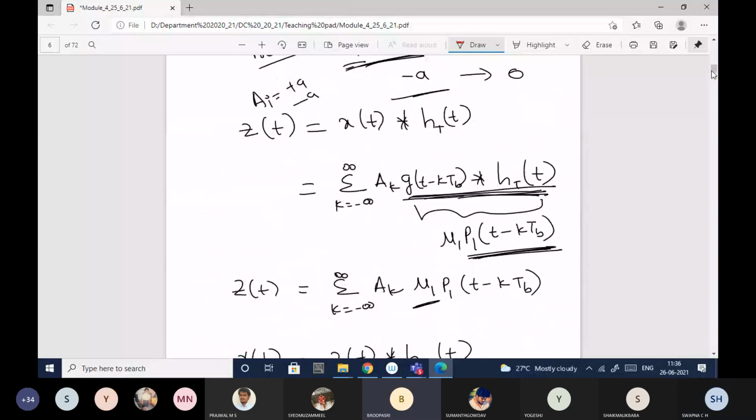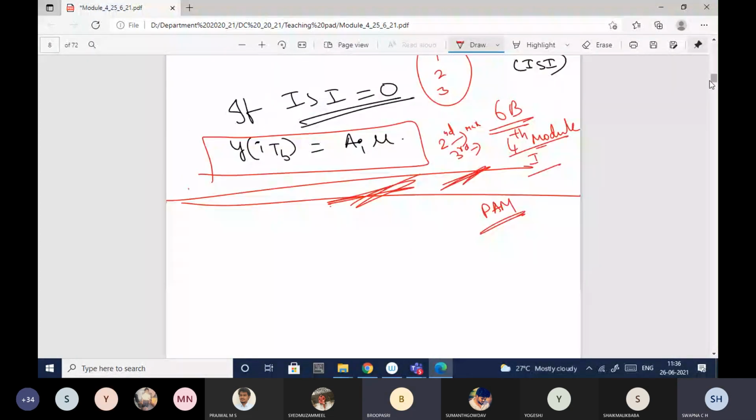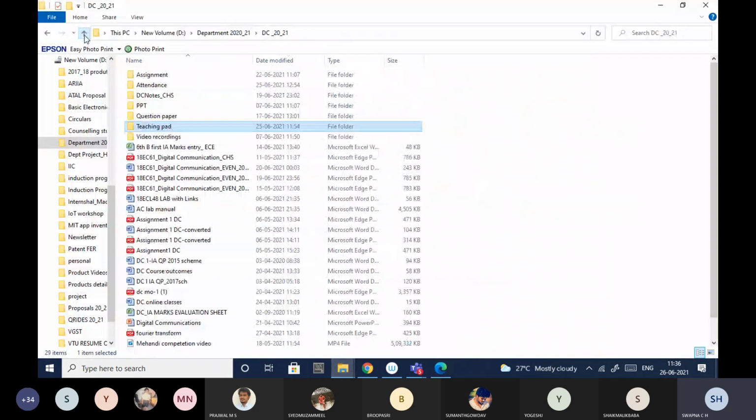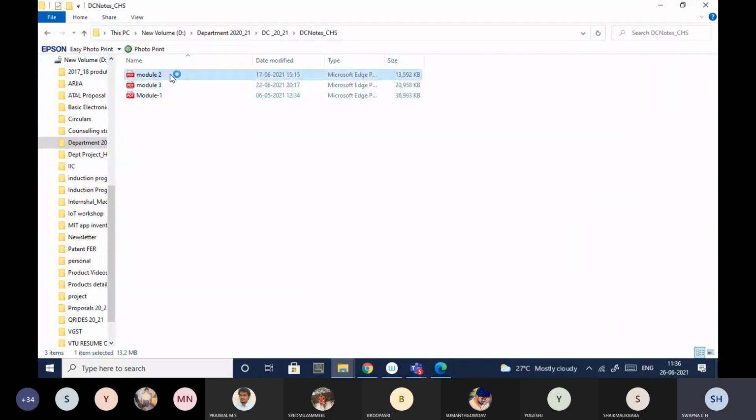For 17th scheme, I'll come there only. For 17th scheme, you have the 3rd module complete and the 2nd module same, from maximum likelihood decision rule. I'll just show you the notes so that you'll understand. Module 2.